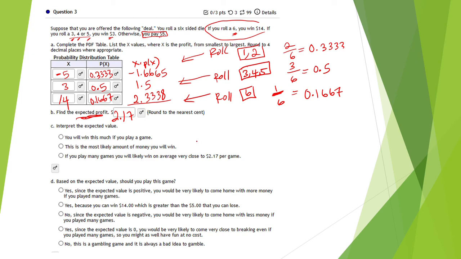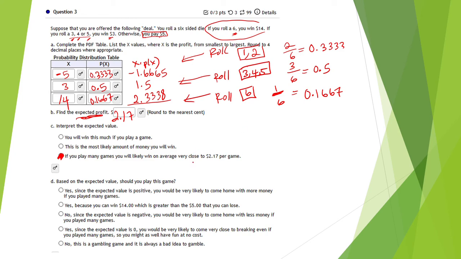In part C, we have to interpret this. Notice this number is a positive 2.17. So that means that if we play this game many times, we are likely to win, on average, very close to $2.17 per game.